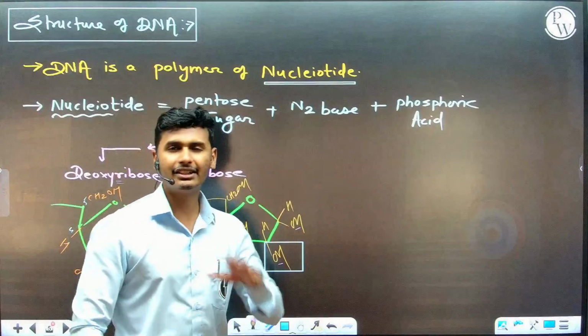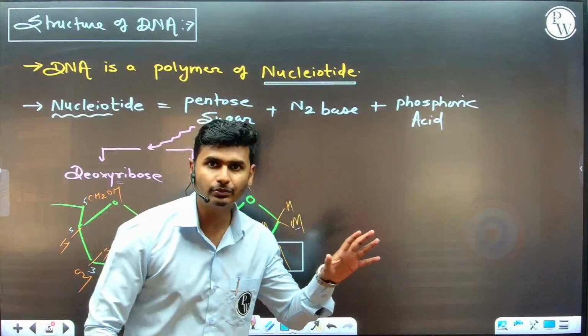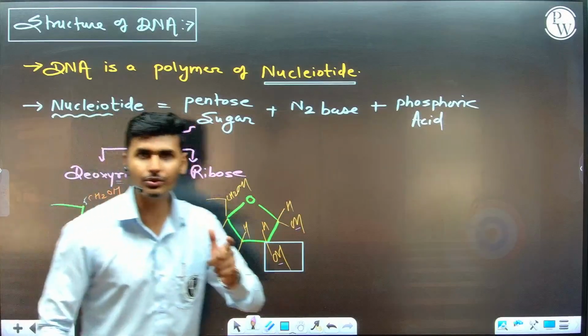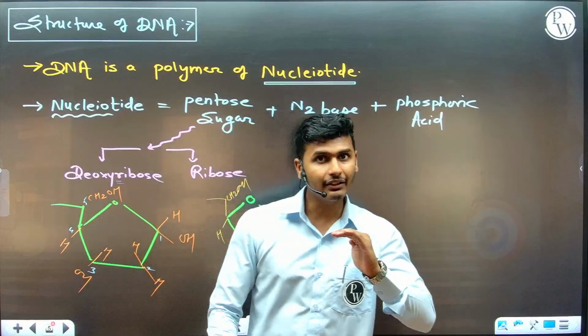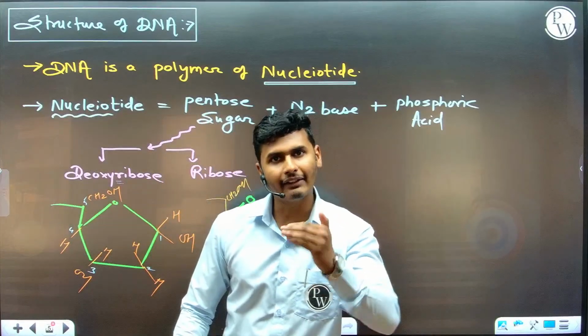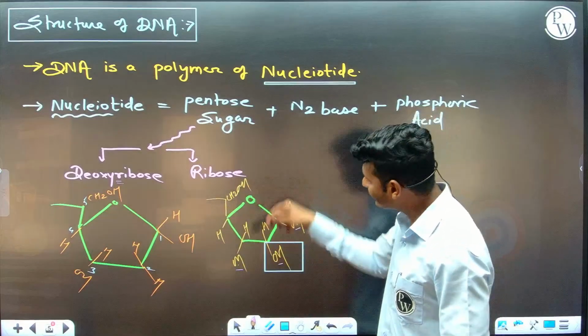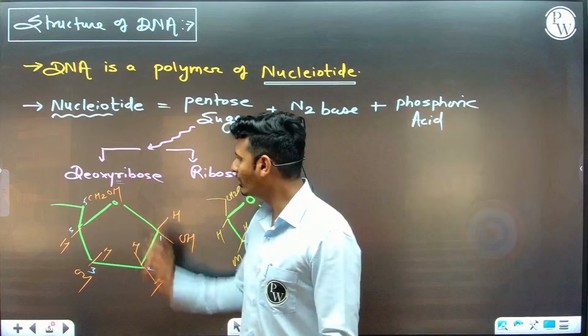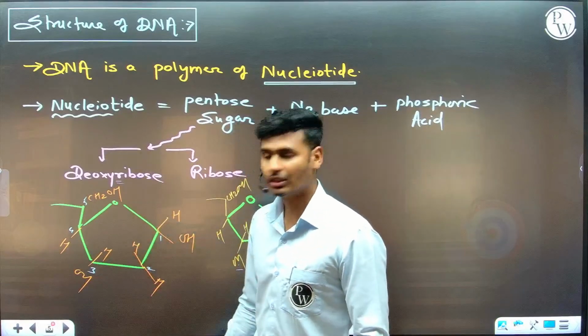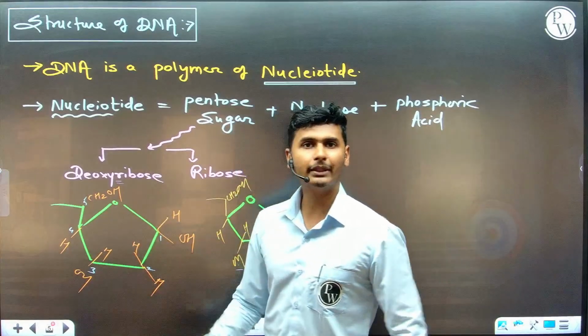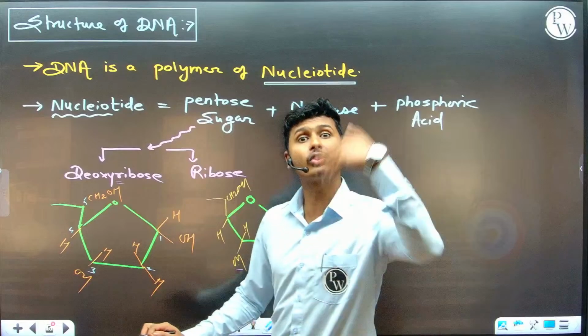It means deoxyribose is not that reactive and ribose is a reactive sugar. The sugar which is reactive has less stability. So ribose is reactive, it means it is less stable. Deoxyribose has fewer functional groups, it means less reactive, means more stable.